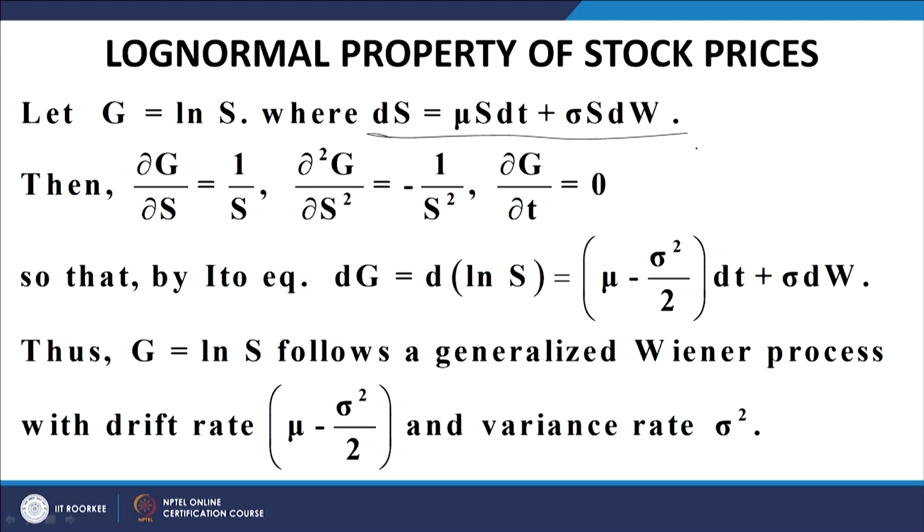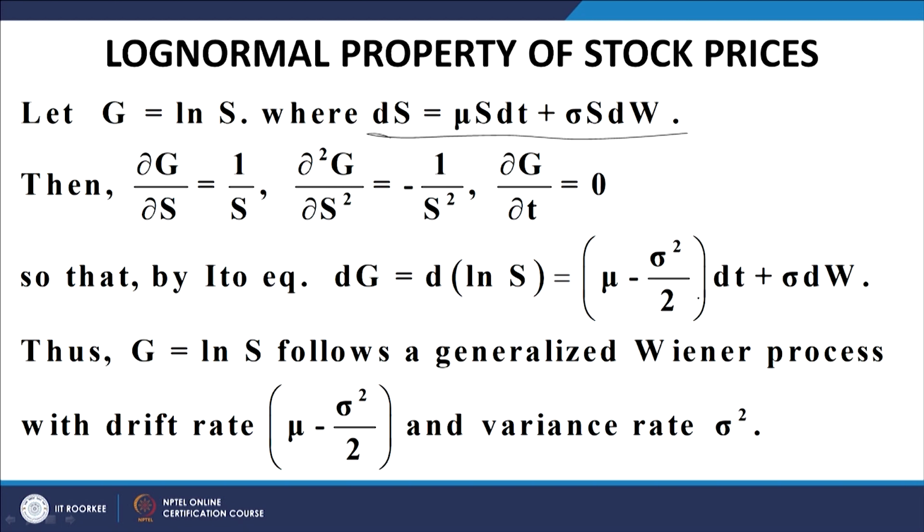Putting these values in the Ito's equation, we get dg is equal to d of log s, because g is equal to log s, is equal to mu minus sigma square upon 2 into dt plus sigma dw. I have simply substituted the values of dg upon ds, d2g upon ds square, and dg upon dt in the Ito's equation, nothing more. On substituting these values, I get this.